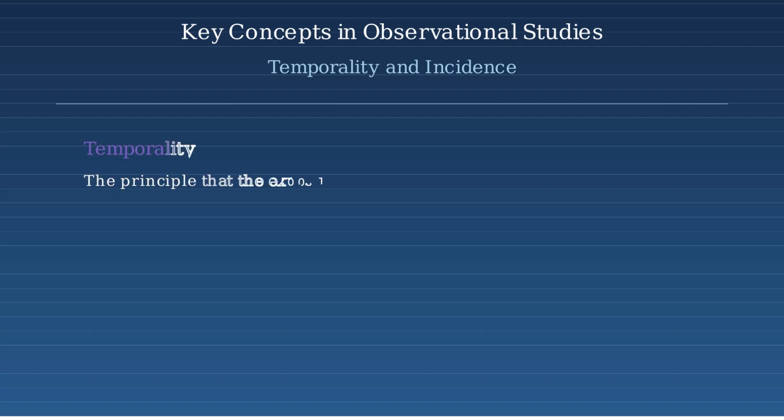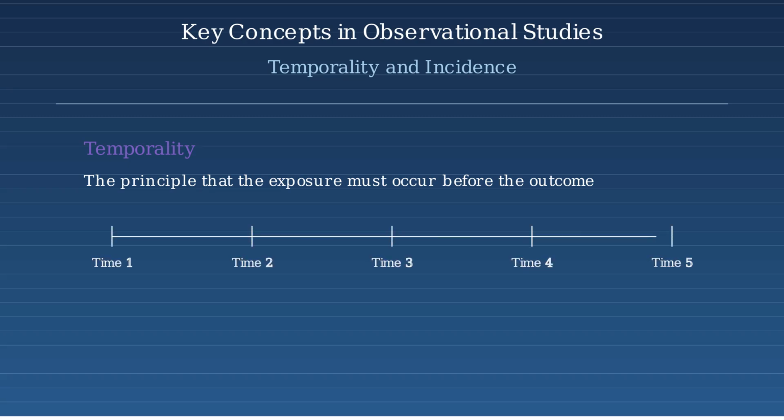In epidemiology, understanding temporality and incidence is crucial for interpreting observational studies correctly. Temporality is a fundamental principle in establishing causation. It means that for an exposure to cause an outcome, the exposure must occur before the outcome. To understand temporality, let's visualize a timeline of events.